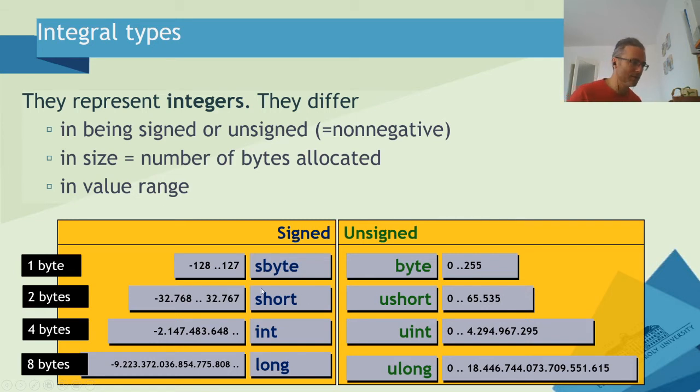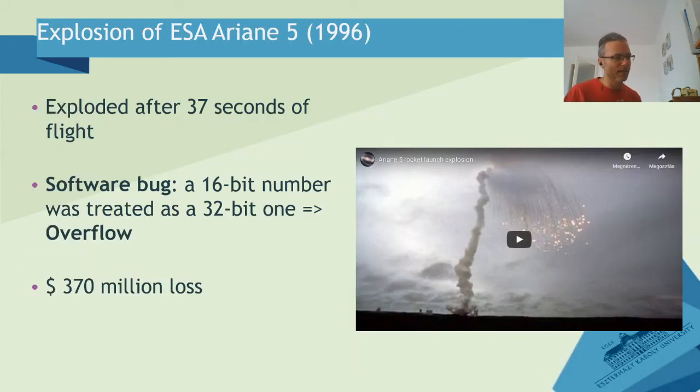Just imagine you declare a short variable whose range starts from minus 30,000 and ends at plus 30,000, and at the same time you think you use an int variable whose value range starts at minus 2 billion and ends at plus 2 billion. This can cause very serious problems, which we call overflow.